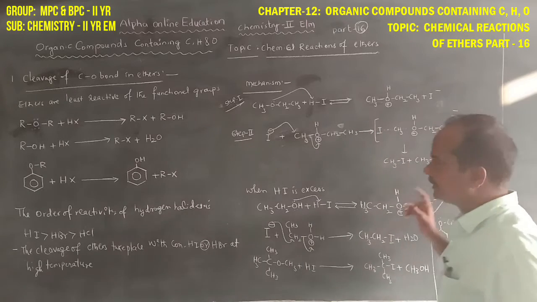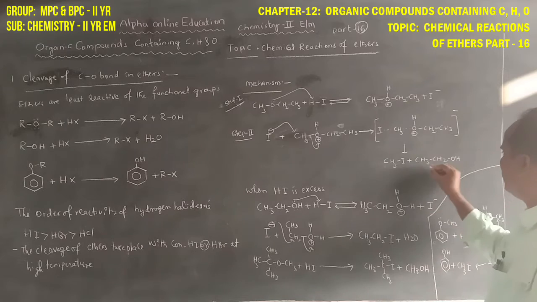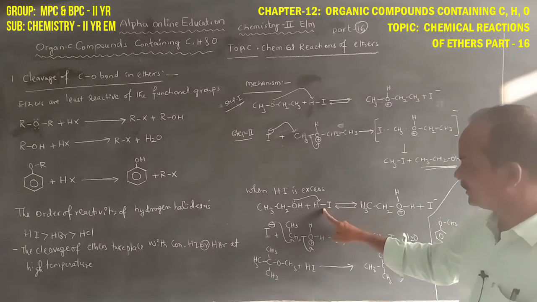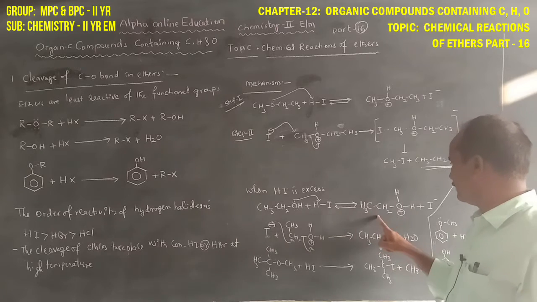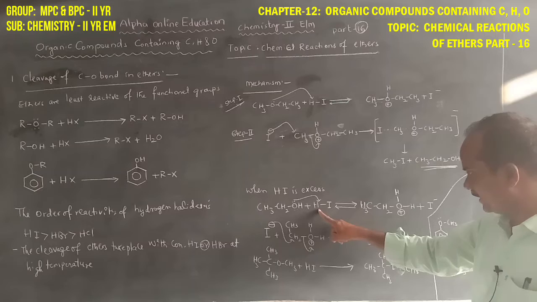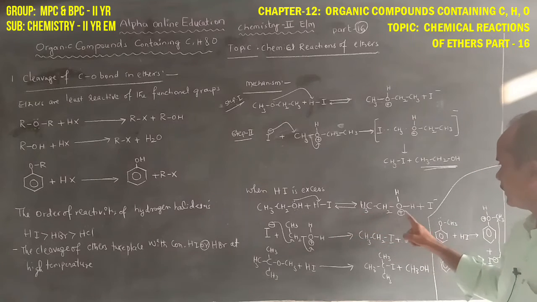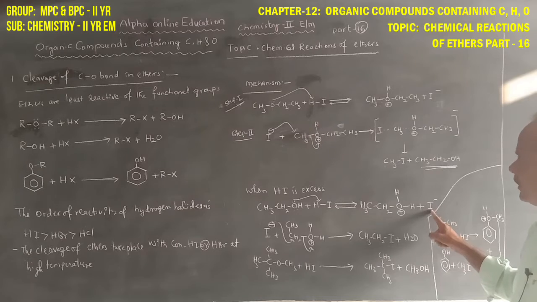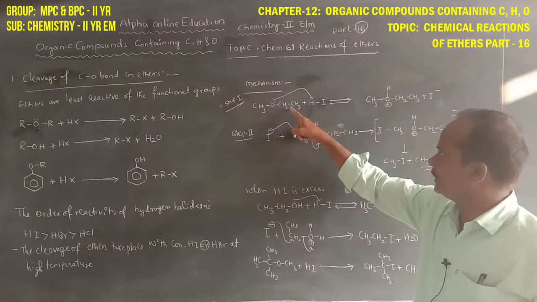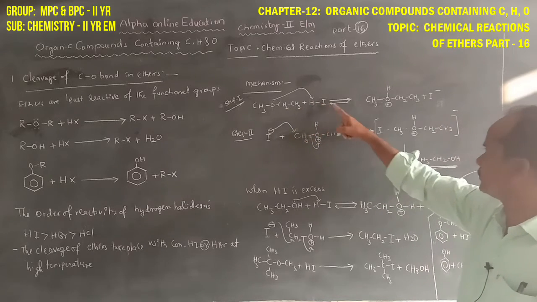In the presence of excess hydrogen iodide, the formed ethyl alcohol reacts with hydrogen iodide. In the first stage, the ether is protonated in the presence of hydrogen iodide.